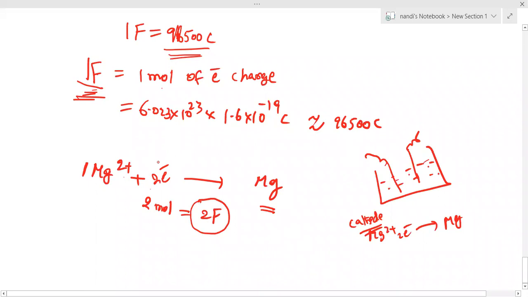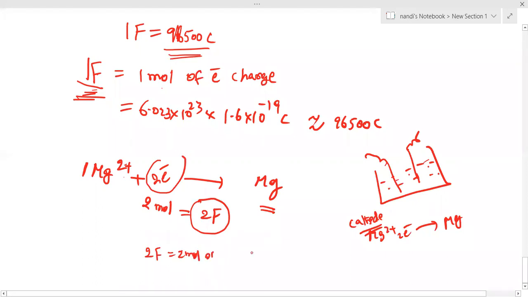Indirectly, utilizing 2 electrons means they are consuming 2 Faradays of electricity. Clear? 2 moles equal 2 Faradays, at least keep that in mind.